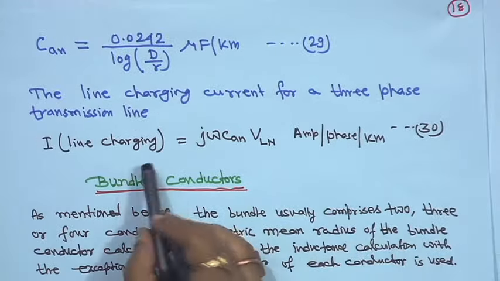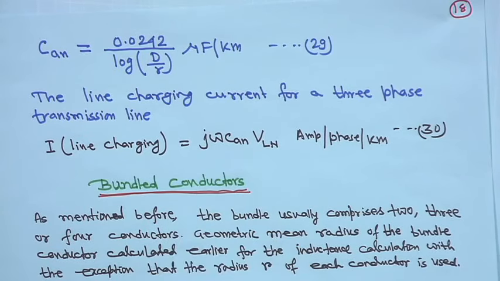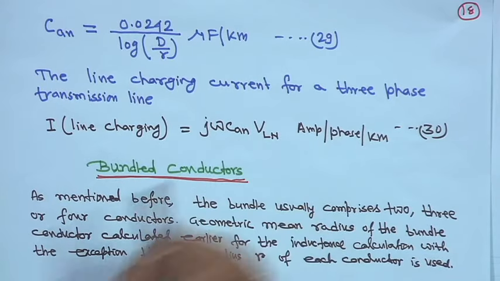So, up to this, charging current is required. Later you will see it, particularly for the characteristics of transmission lines, and at that time we will see all the details, but this is necessary. Now, bundle conductors.